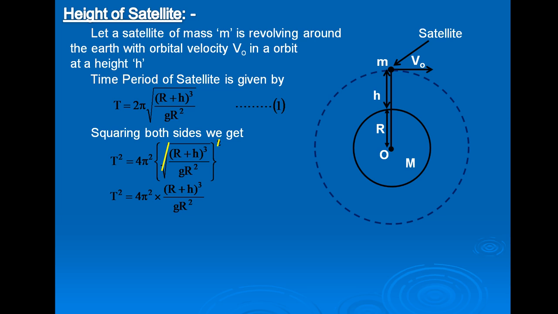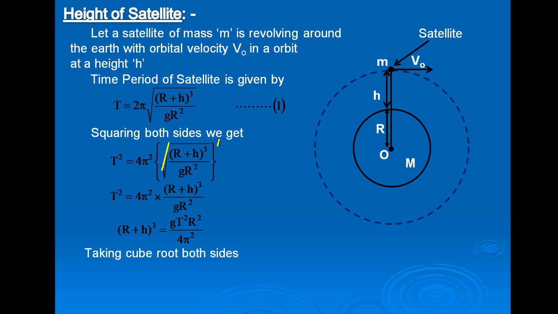4 pi square multiplied by (R plus h) whole cube upon g R square. By rearranging, (R plus h) whole cube is equal to g into T square R square upon 4 pi square.